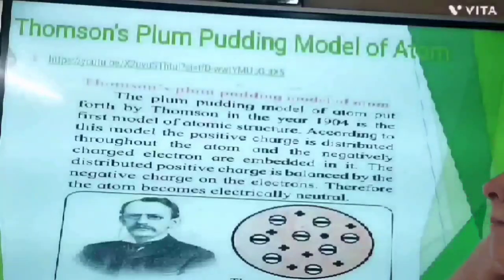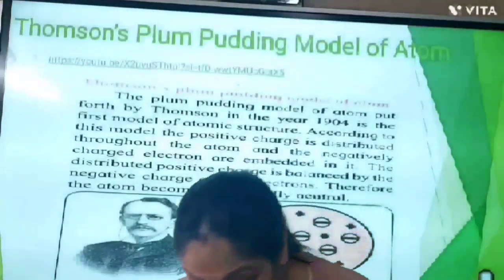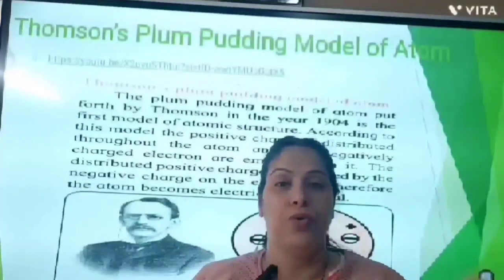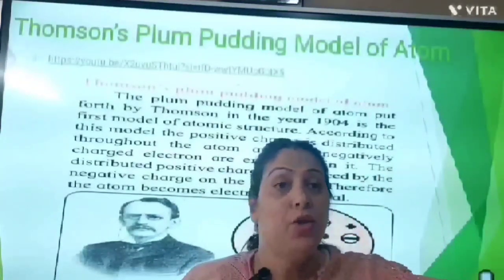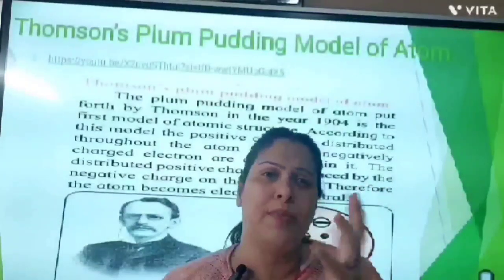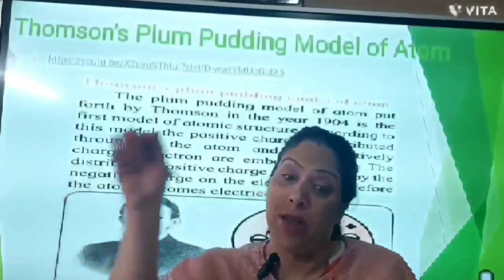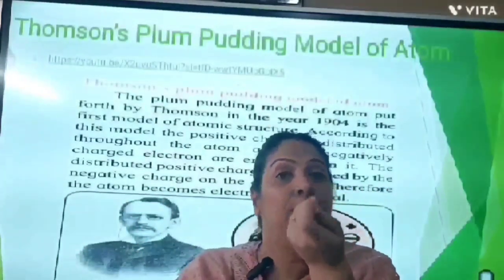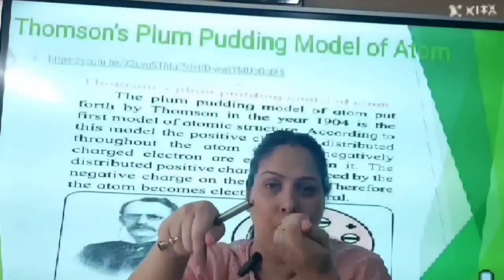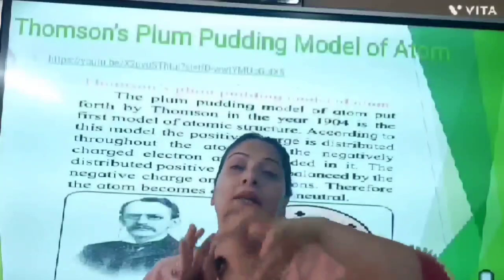Let's move on to Thomson's plum pudding model of the atom. Children, when you learn math, you try one sum and come up with a theory with an answer. If a friend is watching you, he says, oh, you got it wrong, let me use my brain. Then somebody identifies where you went wrong, and then somebody says both of you are doing it wrong.